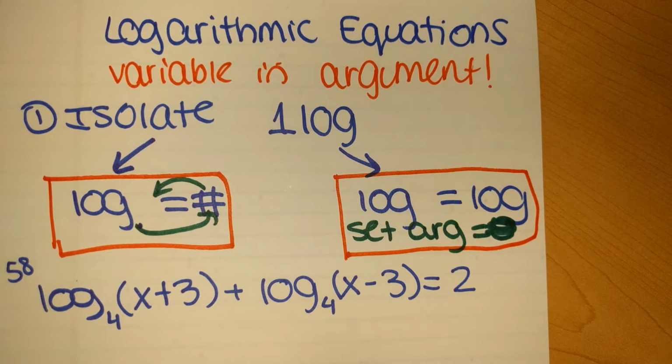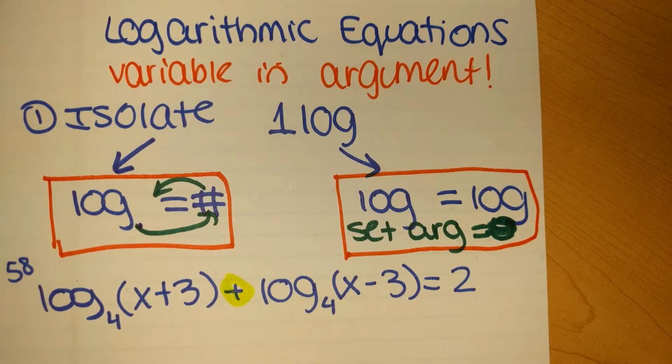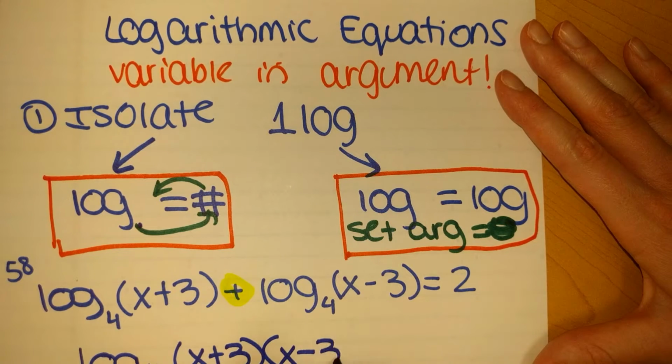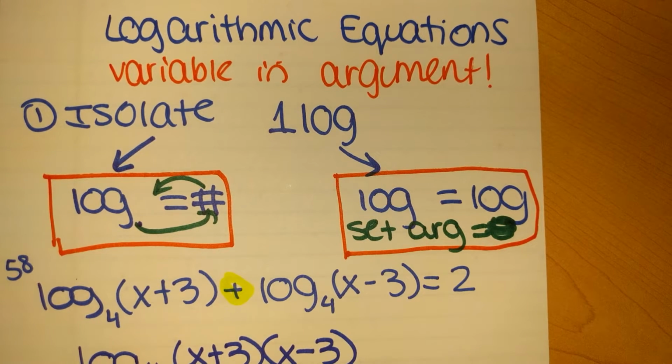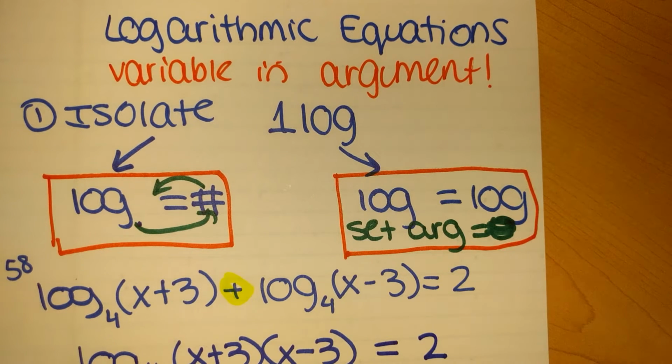So to start off 58, you need to notice that you have two logs being added. By our log properties, when we have two logs added, that becomes multiplication of those two arguments. So this would be x plus 3, x minus 3. Okay? And it's one log, all of that is the argument, equals 2. Now, at that point, it is in an appropriate format.